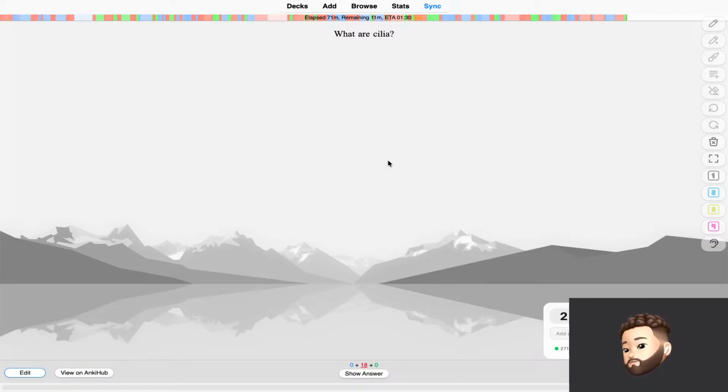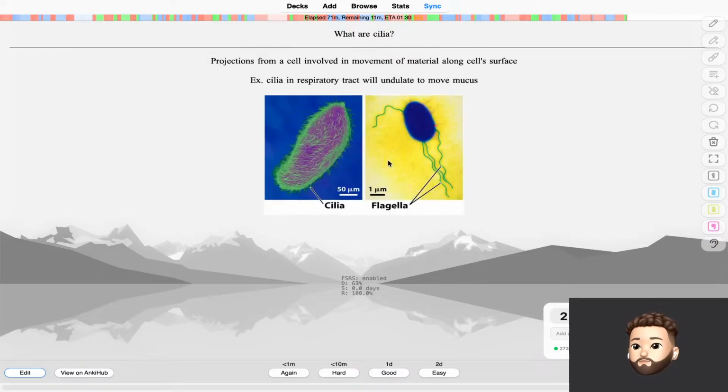Cilia are... what's it called? They're projections from the cell that allow for movement of materials along the cell surface.